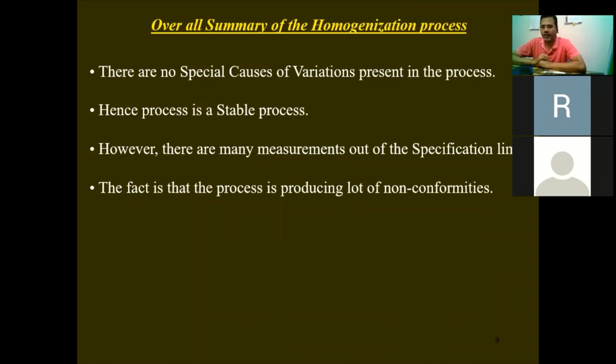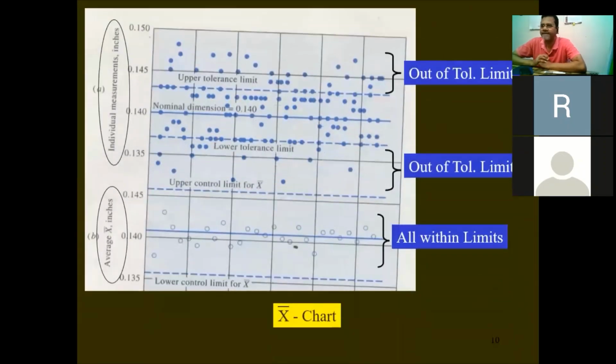But it is hard to believe that there are many measurements out of control limits, out of specification limits. Just see, they are now bringing in all spec limits. They compared individual measurements. Please understand this carefully. Not average, not arithmetic mean.